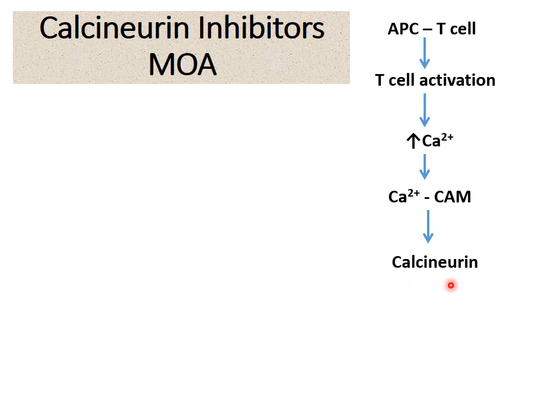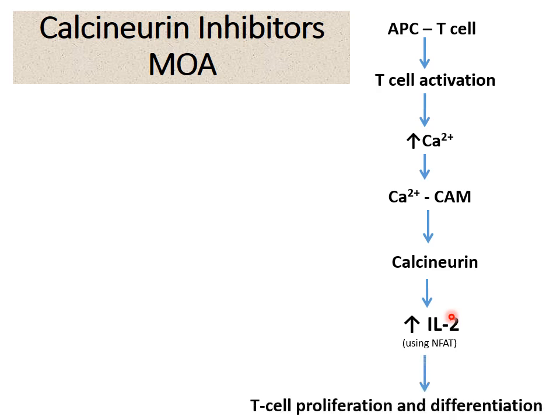So calcineurin increases the expression of interleukin 2 using NFAT, and as we know, interleukin 2 is an important factor for the proliferation and differentiation of the T cell, which are the important part of the adaptive immune system.